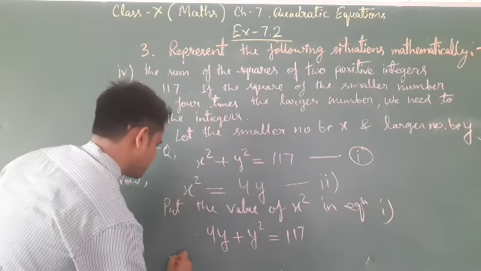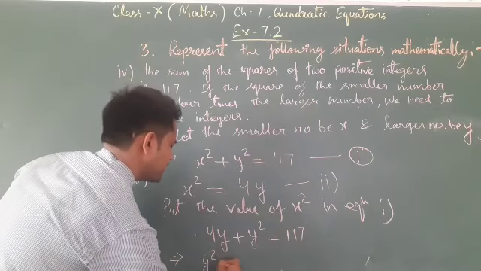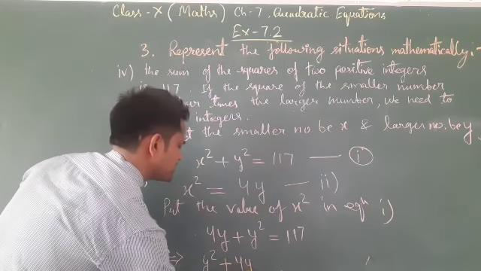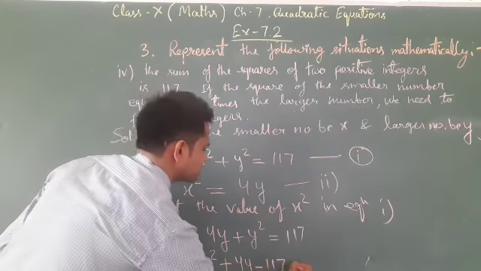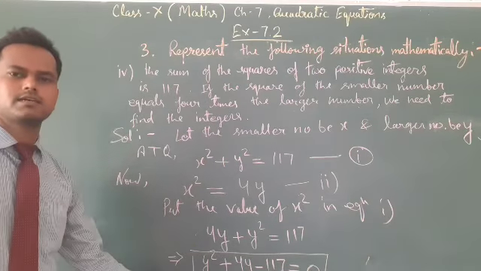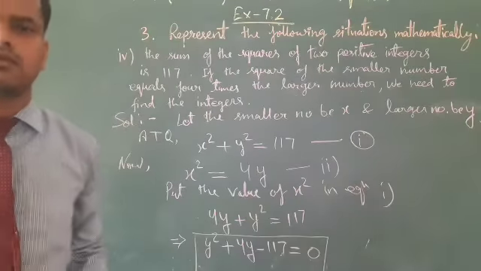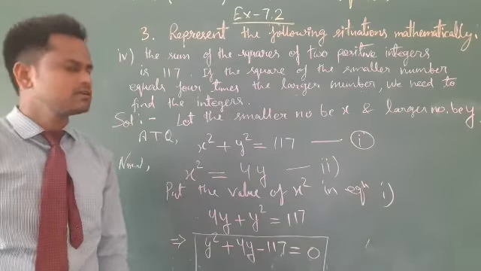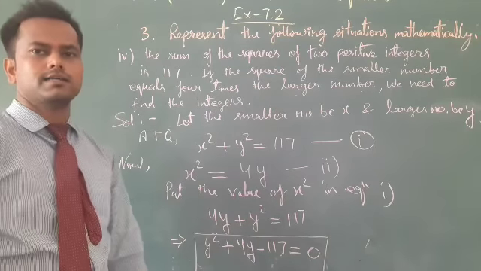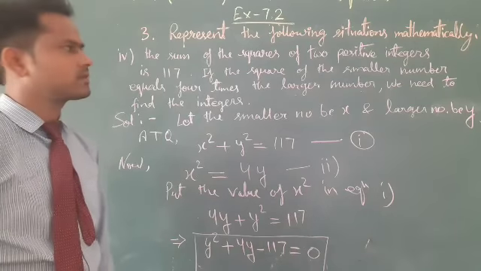Rearranging, this will become y square plus 4y minus 170 is equal to 0, which is a quadratic equation, and that will be your answer. Pause the video and note it down very clearly.